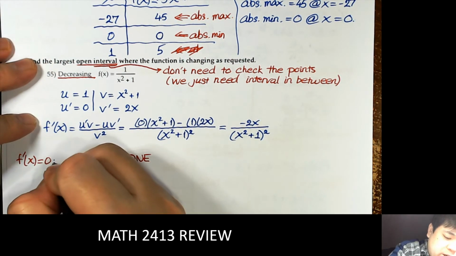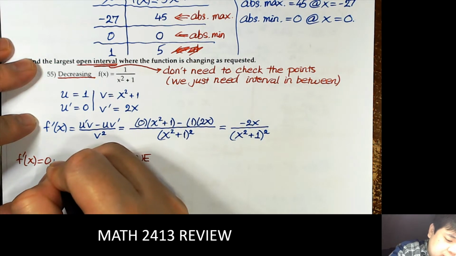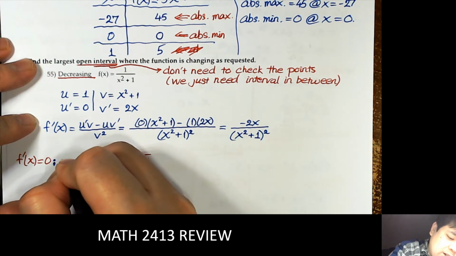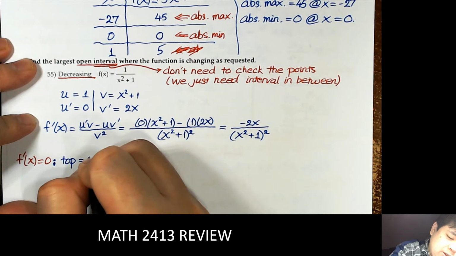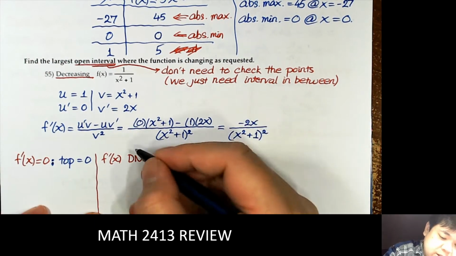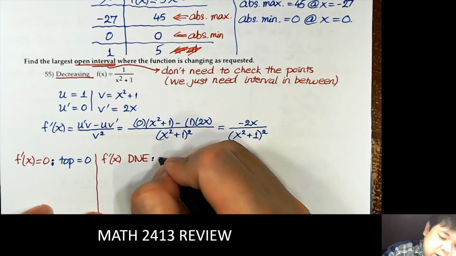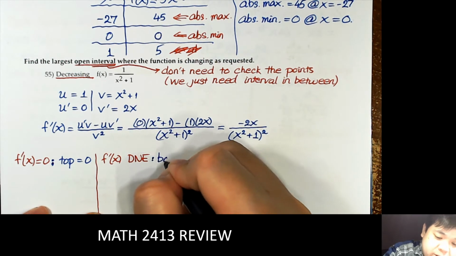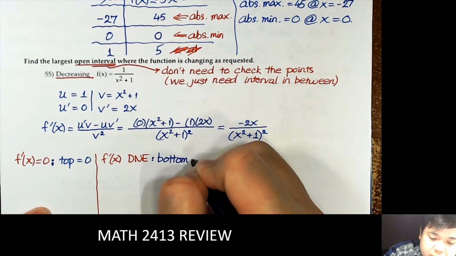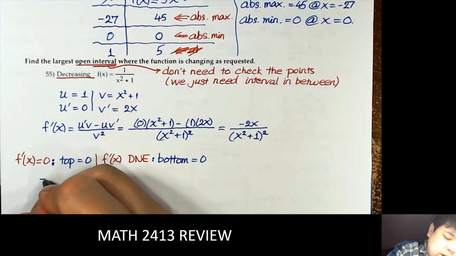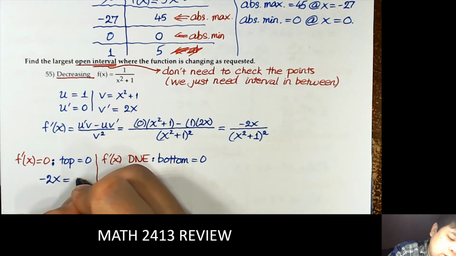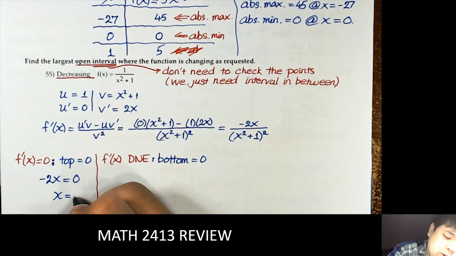Equal to 0, meaning the top is 0. Top equal to 0. Bottom equal to 0. So negative 2x equal to 0. We have x equal to 0.